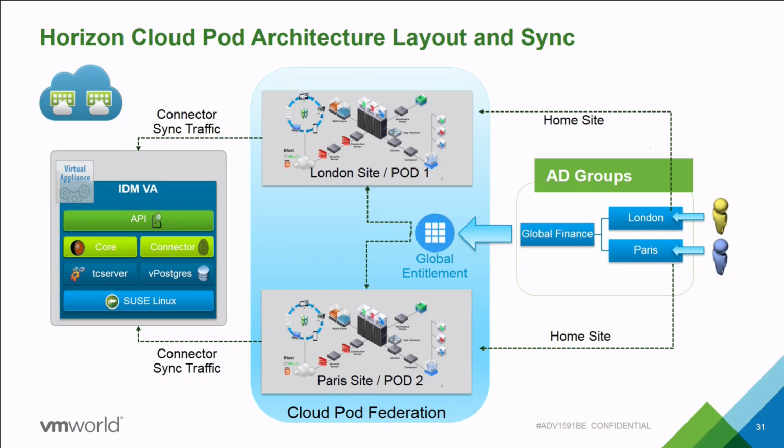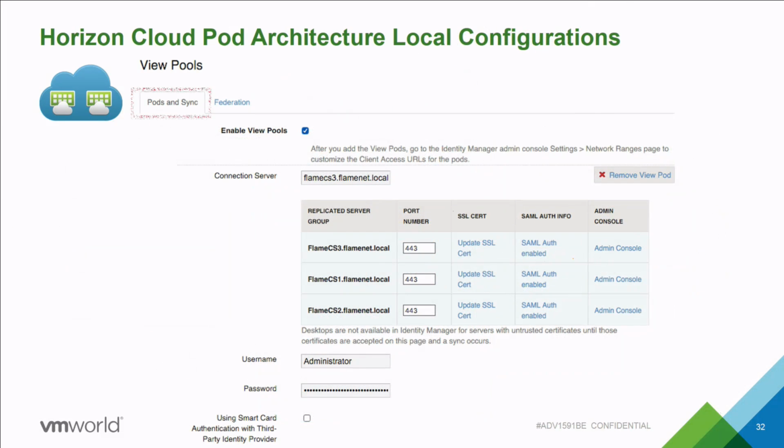So the user will always connect towards the single namespace of the complete Cloud Pod architecture, and we'll redirect them towards that namespace. Okay, so if we come back to the configuration of VIDM and integrating with such a pod, the first thing you may have to do is to point to your first pod, right?